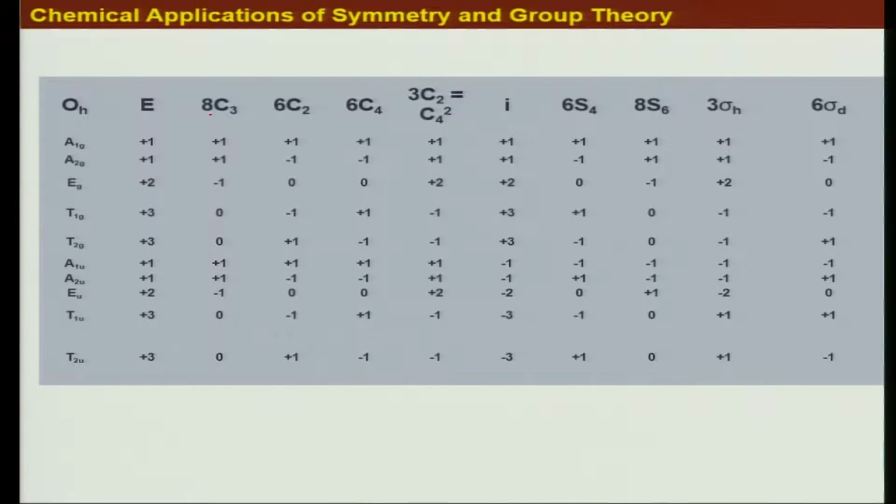So you have 9, 6, 15, 21, 24, 25 and 31, 39, 42 and 48. So altogether there are 48 symmetry operations. Things may seem to be pretty complicated at the beginning, but as you go ahead, you will see that things are not so complicated as they seem initially.